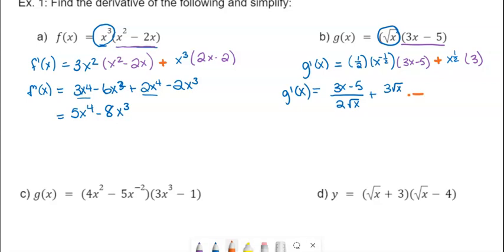So I need to multiply this by the common denominator 2 root x. So let's just extend that. Okay, so 3 root x times 2 root x is 6x.